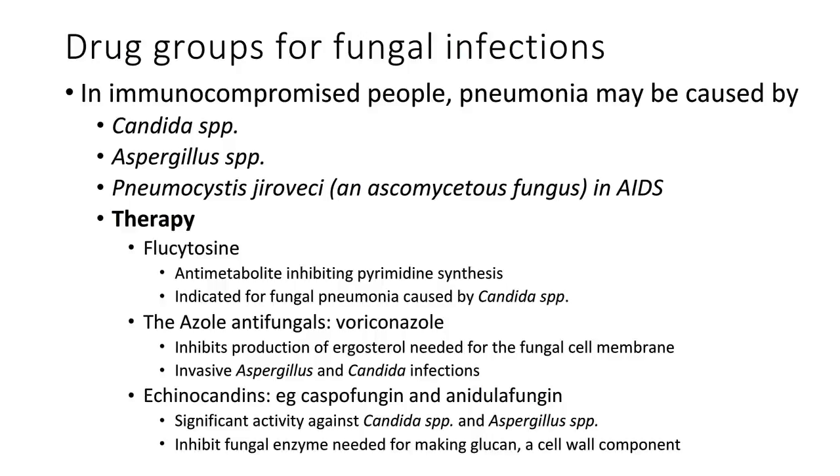So much like when we had the bacteria, we had drugs that worked at different points of the structure of the bacteria. We do the same thing here with the fungal infections. We have three different drug groups, and they work in three different ways to prevent the fungi from reproducing, either by stopping pyrimidine nucleic acids, or by stopping the cell membrane being made, or by stopping the cell wall being made.